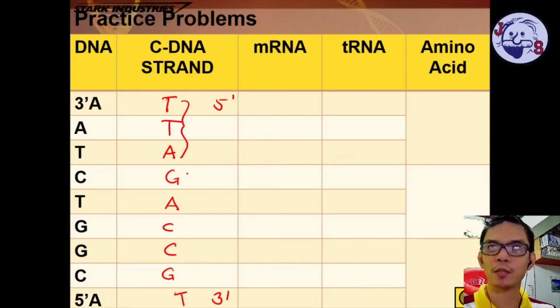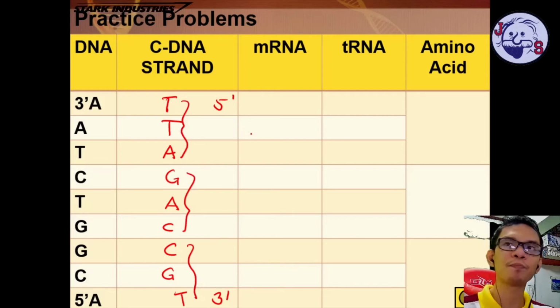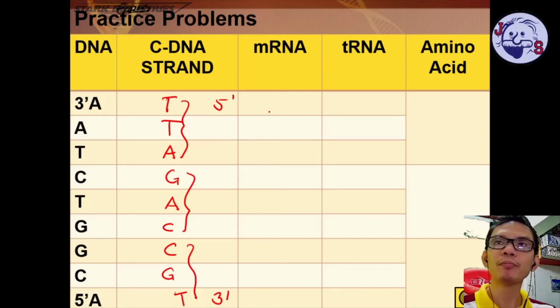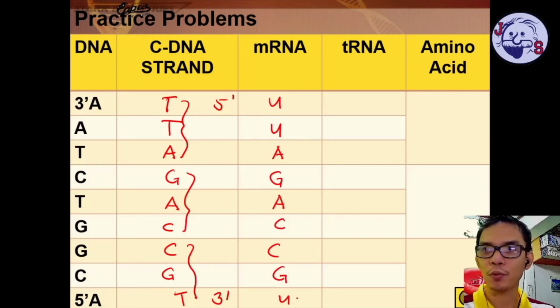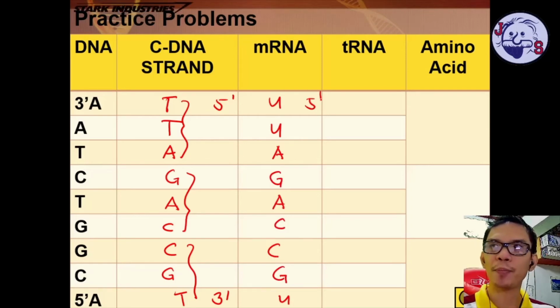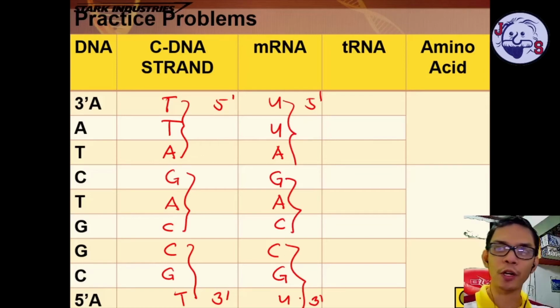Brackets for codons. How about the mRNA? So we have U, A, G, A, C, and C, G, U. Again, 5 prime and 3 prime. Brackets for codon.